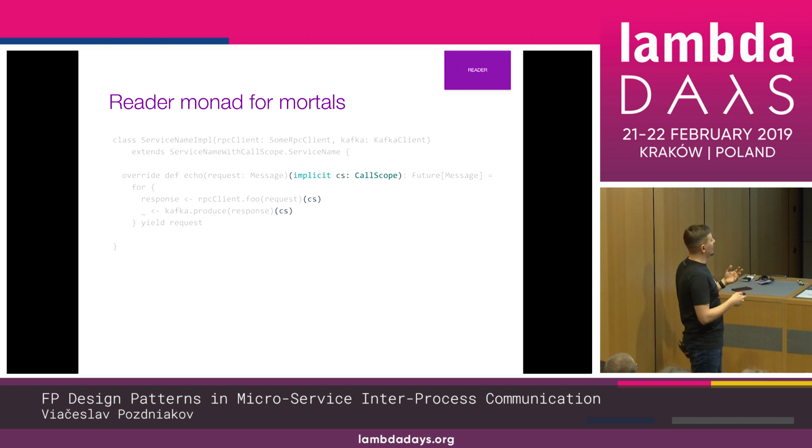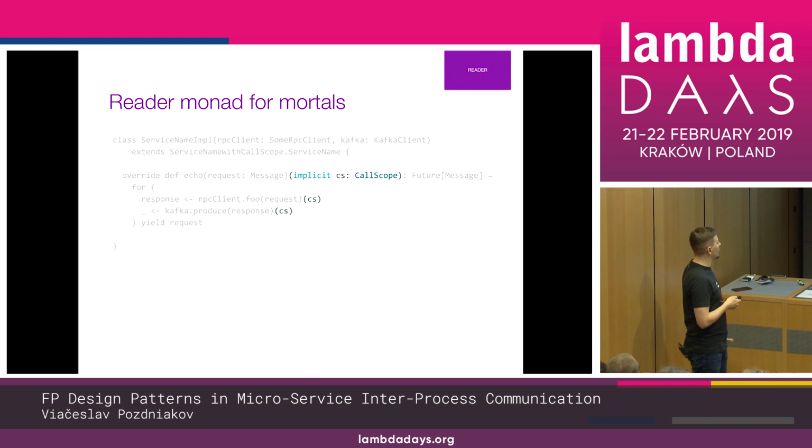So if you see implicit call scope, that actually means that this computation is being performed in some context, so you can read from it. And if you see that some library like RPC client has this implicit argument as a parameter, that actually means that this client must be executed in some environment.